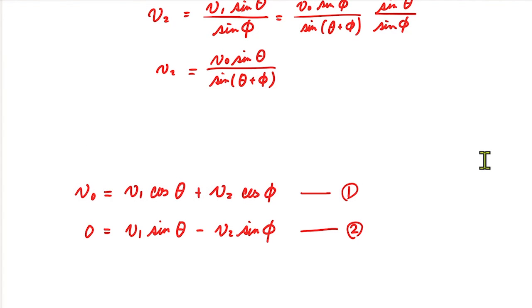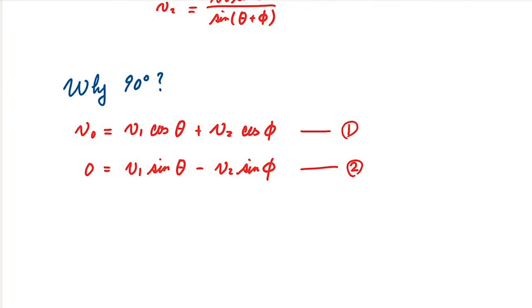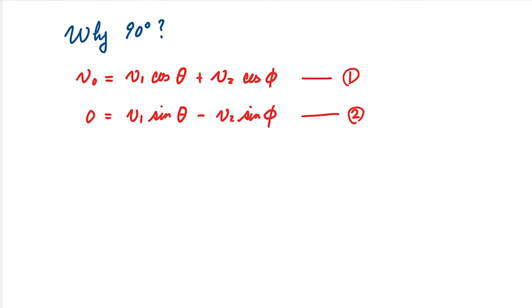Okay, so the question is, why 90 degrees, right? In elastic collisions, momentum is always conserved. What else does it conserve? Energy is conserved, right? So we do energy.